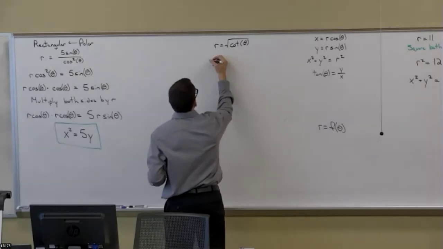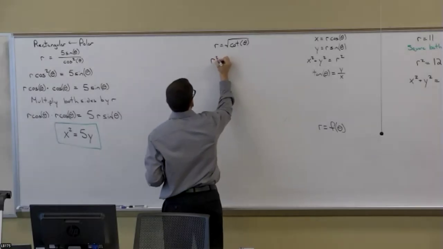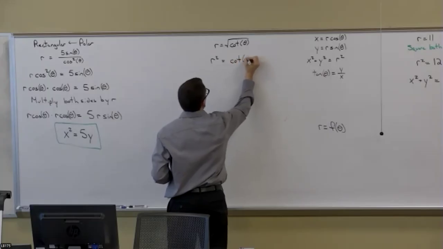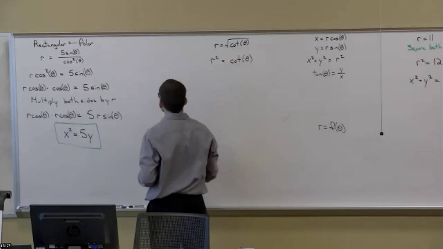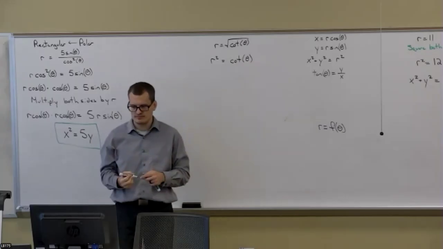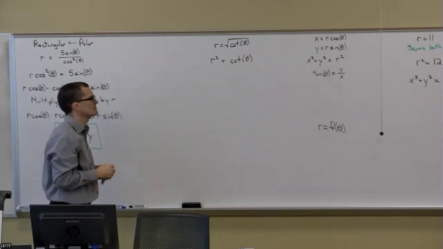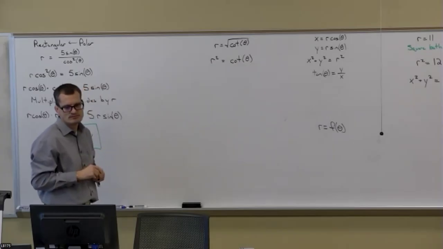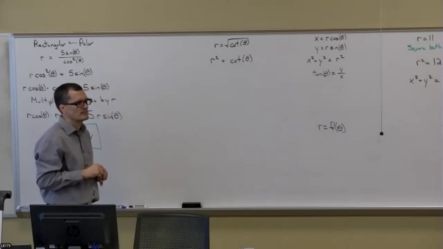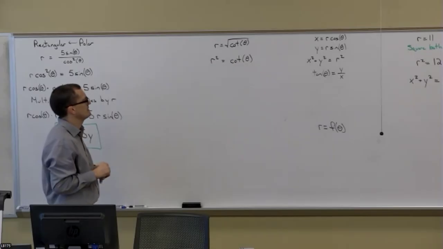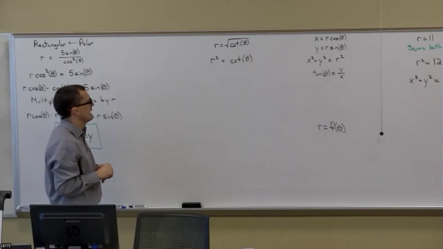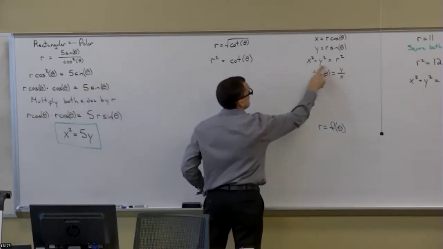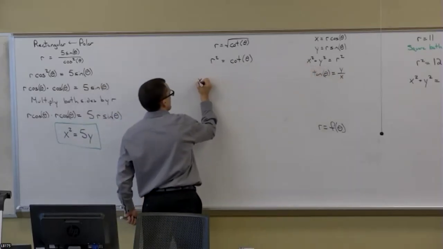Now on the next one, we're going to square both sides. R squared is equal to the cotangent of theta. As long as cotangent is positive, we're good to go. So R squared is equal to cotangent of theta. And then essentially I'm done because R squared is equal to x squared plus y squared.